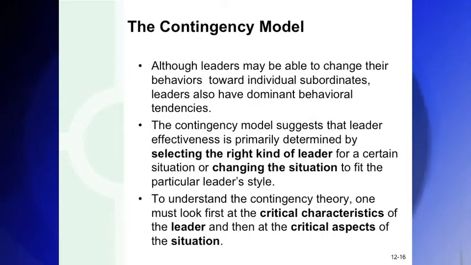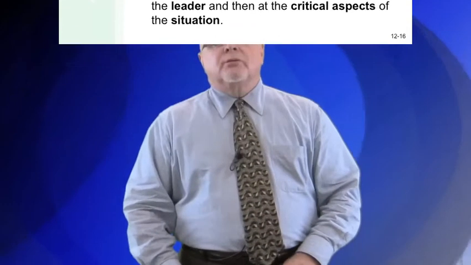Although leaders may be able to change their behaviors towards individual subordinates, leaders also have dominant behavioral tendencies. Studies show that as we move higher up in the organization, the dominant characteristics of leaders grow larger.